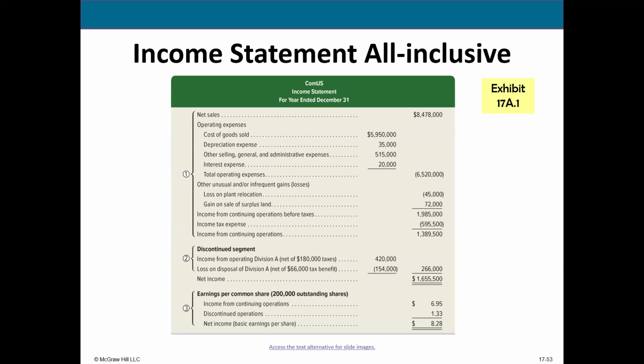And then at the bottom, we can compute earnings per share based off of that net income. All of these help us as managers to be able to make decisions about the company, and impacts from these factors on our company.